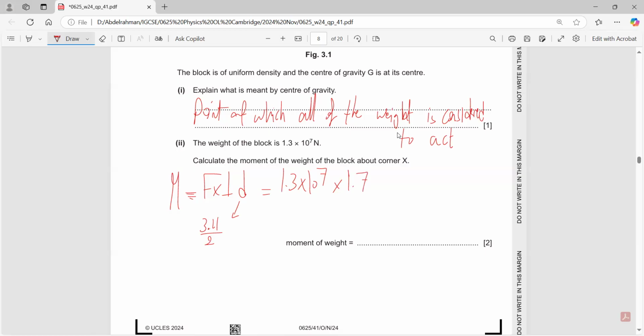What's 1.3 times 10 to the power of 7 times 1.7? A huge number, which is 22 million, or you can say 2.2 times 10 to the power of 7 newton meters. Yeah, no problem.